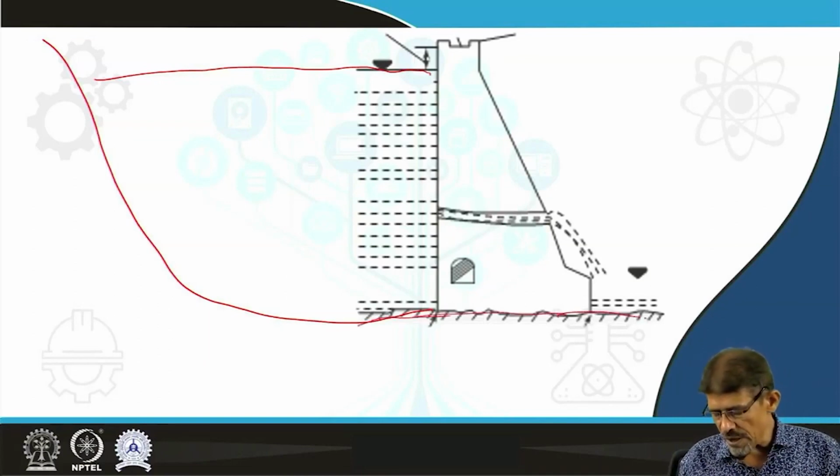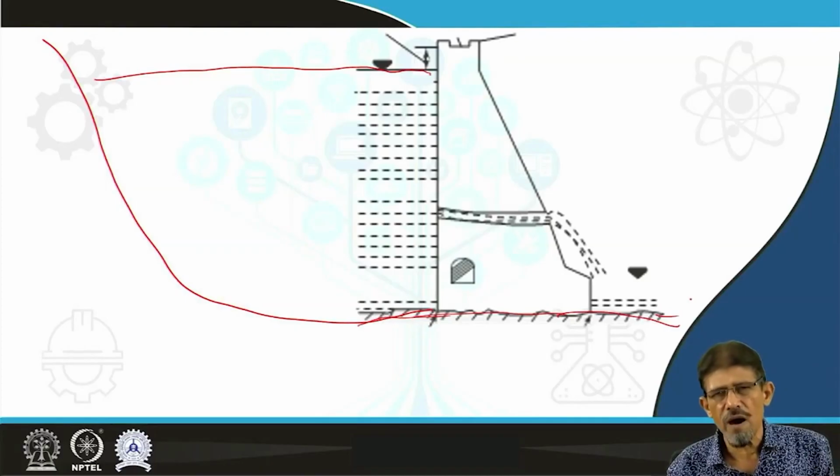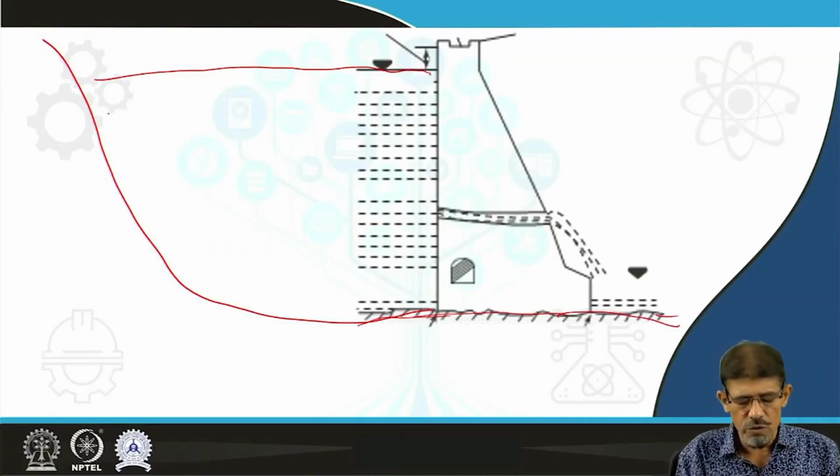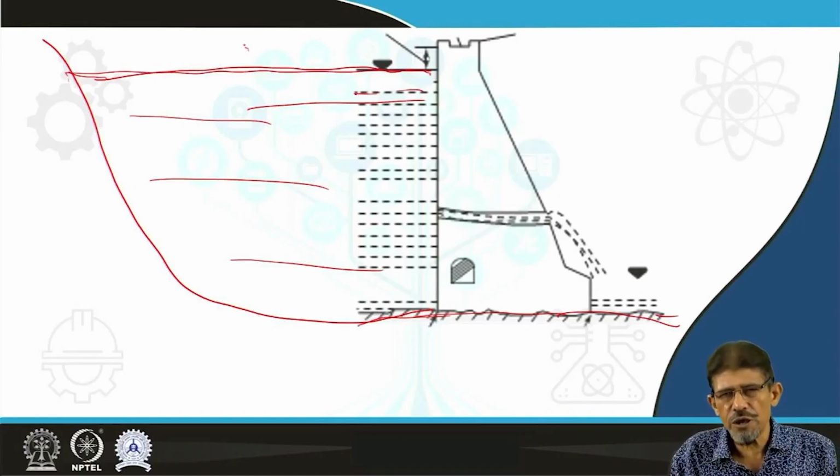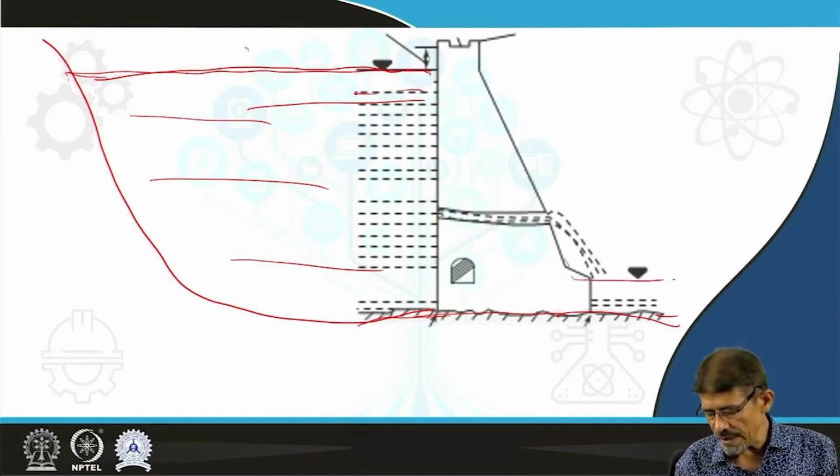after completion of the dam and breaking of the coffer dam, then we store water in the reservoir. Suppose this is the reservoir and this is the headwater region upstream, this is the tailwater region downstream.